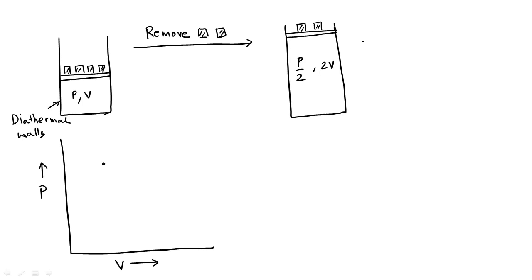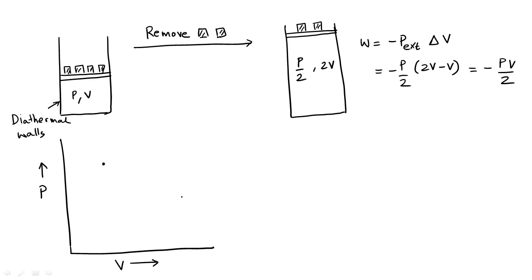So the work done W is equal to minus P external times delta V, that is equal to minus P by 2 times (2V minus V), which is equal to minus PV by 2.